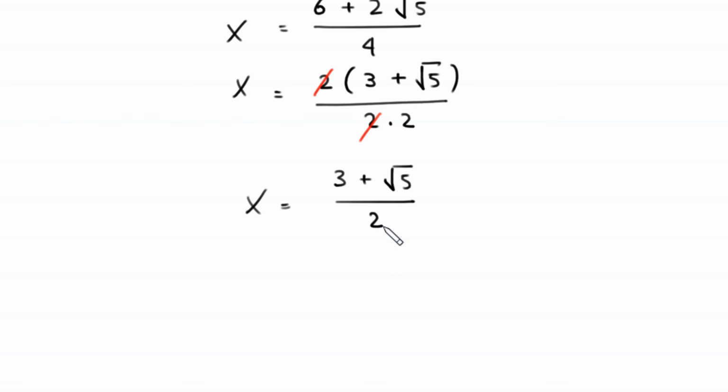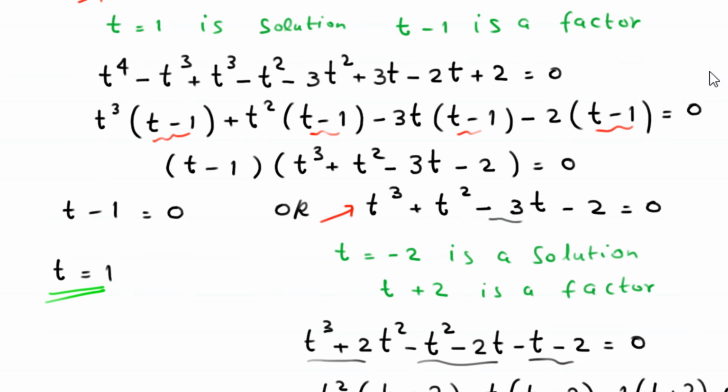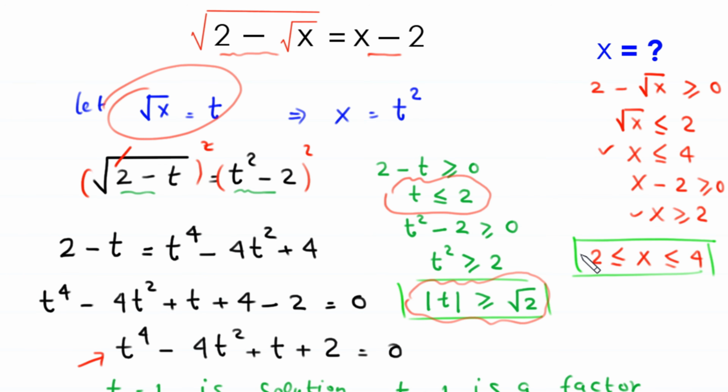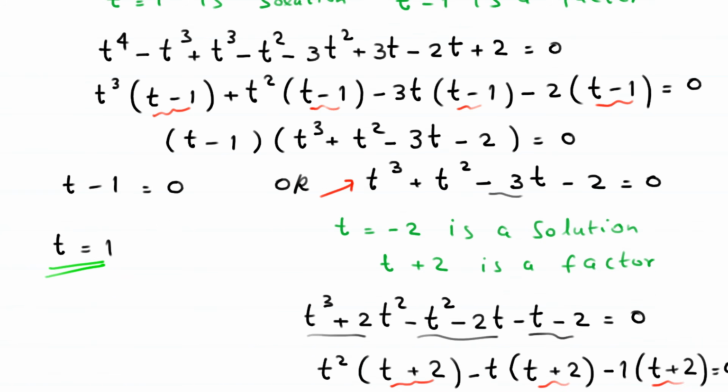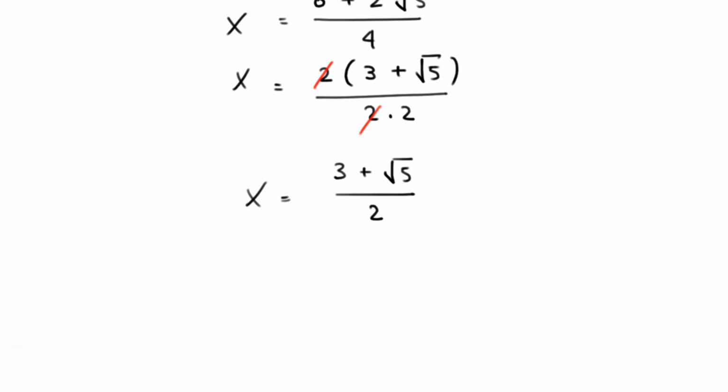Now to check the validity of this solution, we use the domain of this equation. The domain is x must be less than or equal to 4 and x must be greater than or equal to 2.